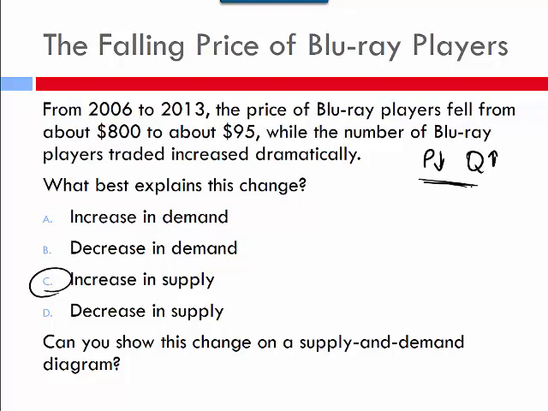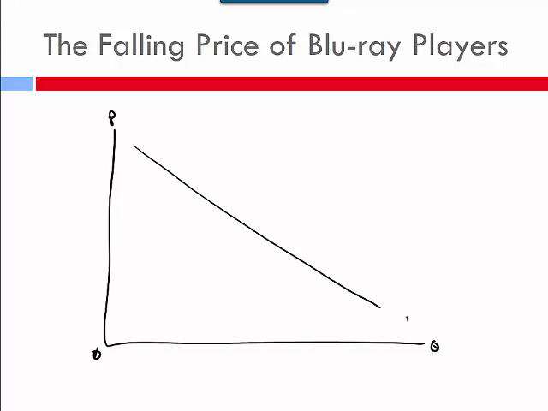Can you show this on a demand curve? Well, sure we can. So here's my quantity, here's my price, here's 0, right? And so I started out, and I can see there's a really big drop in the price. So I started probably something like this. Here's the demand for Blu-ray players, and the supply was probably back here, supply 1. They were selling for $800, and I'll just make up a quantity here, 100 million, whatever.